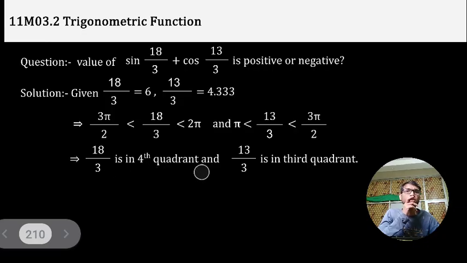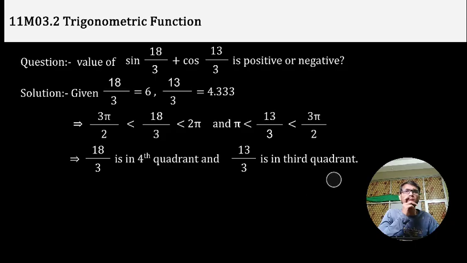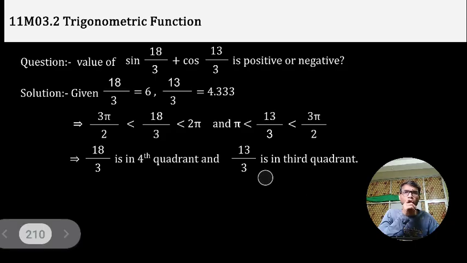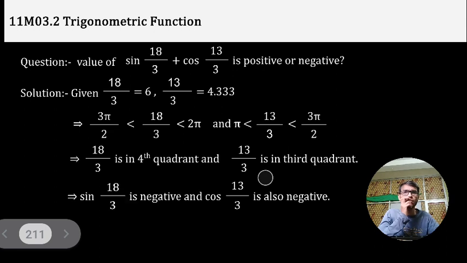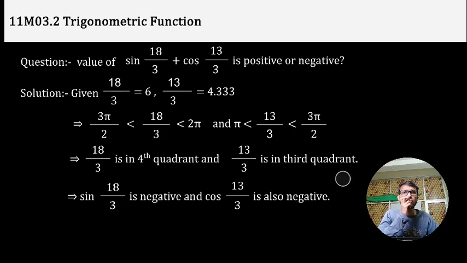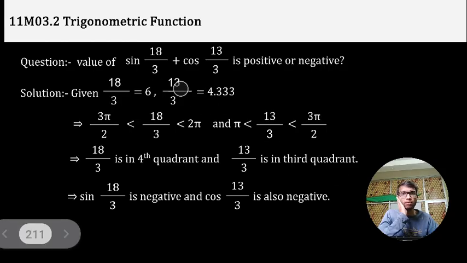So this is in the fourth quadrant. 18 upon 3 and 13 upon 3 is in the third quadrant. This is negative and cos is also negative. I think after simplifying it.